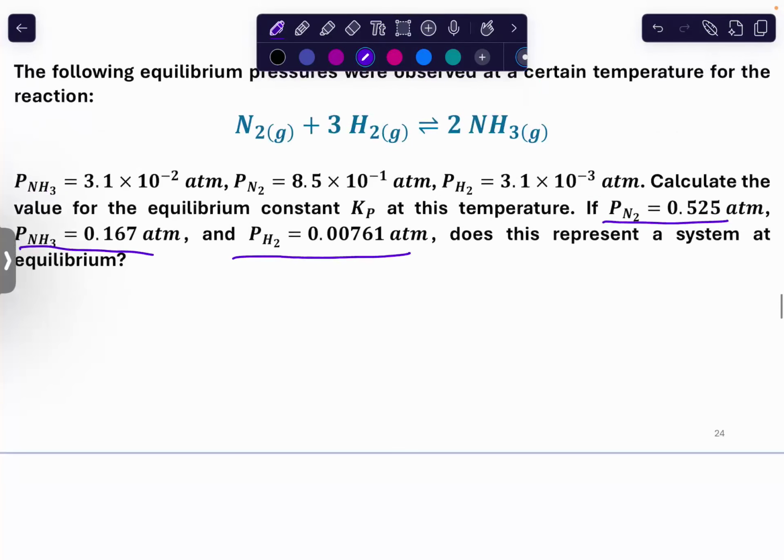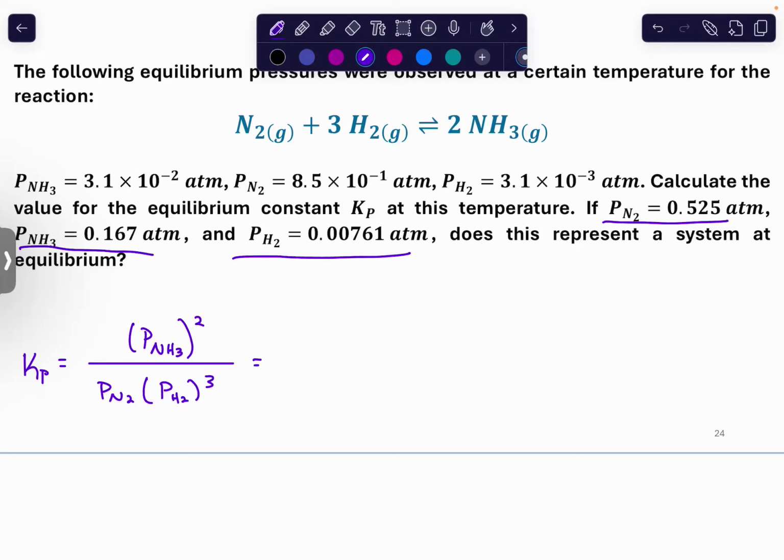So let's check. So our KP, these are going to be our equilibrium pressures. So we have our pressure of N2 times our pressure of H2 cubed, over the pressure of NH3 squared. So now I'm going to plug numbers in and see what I get.